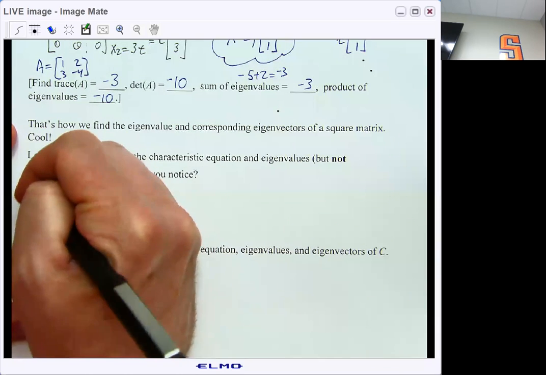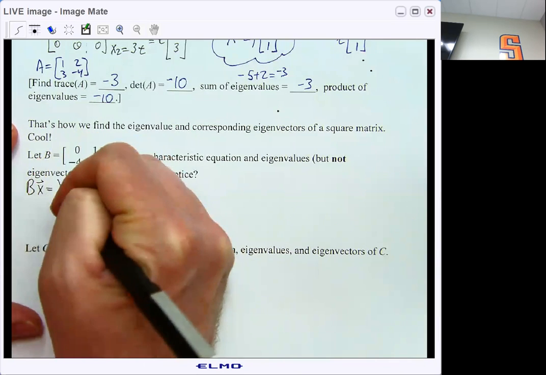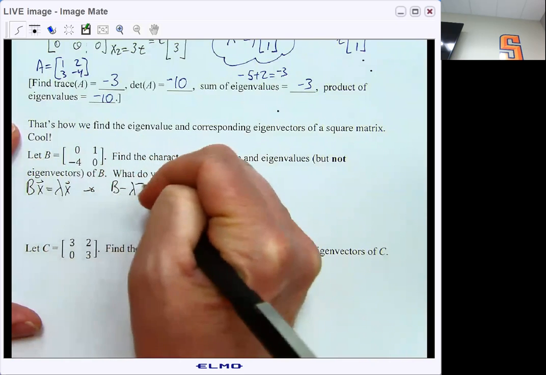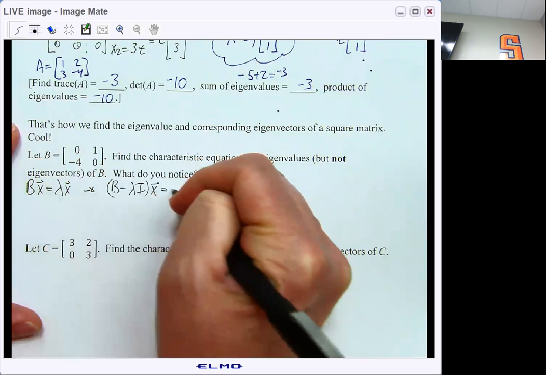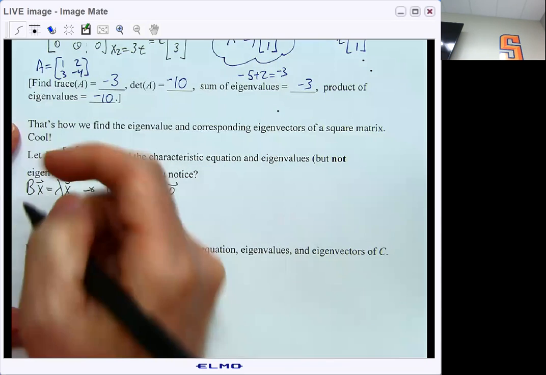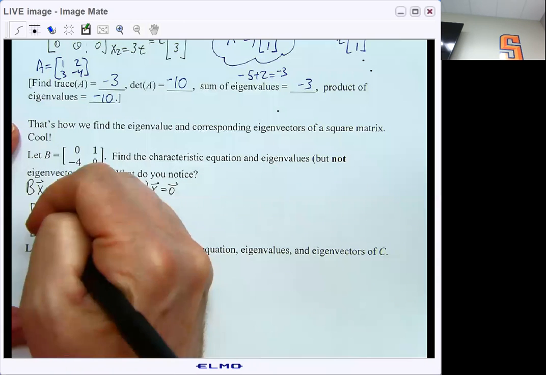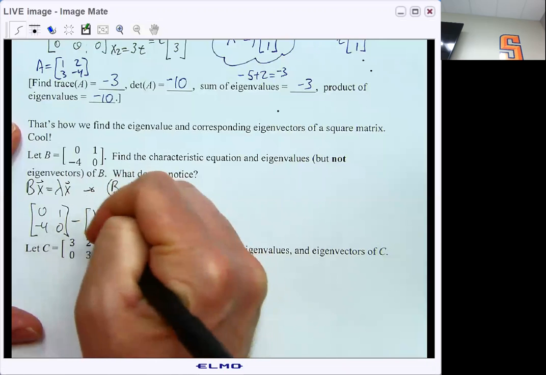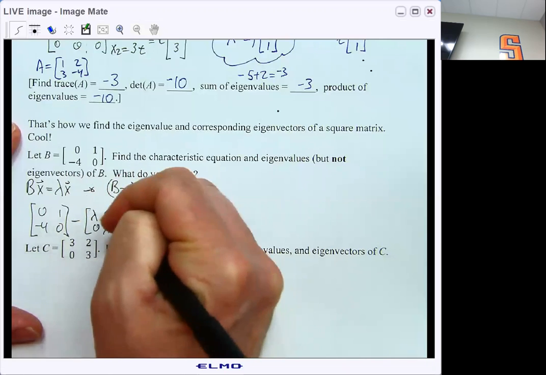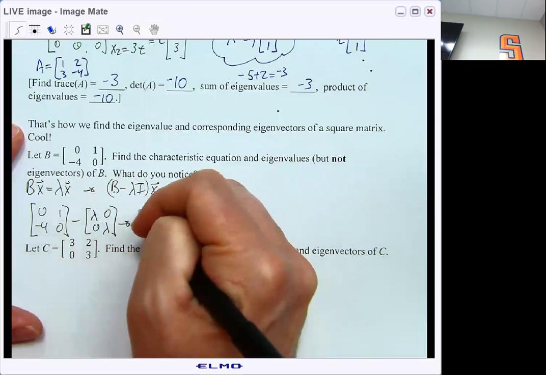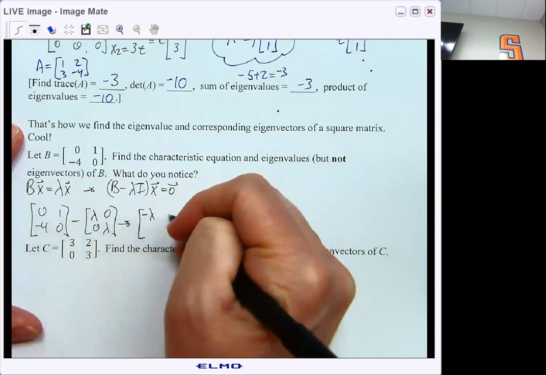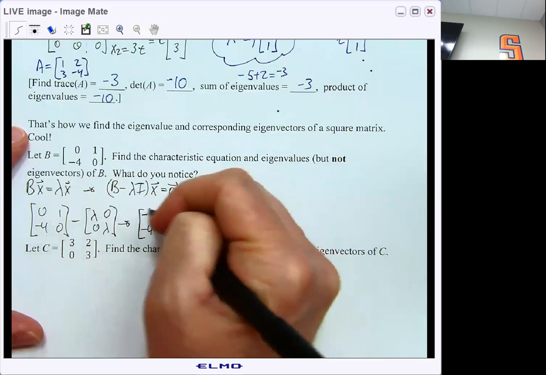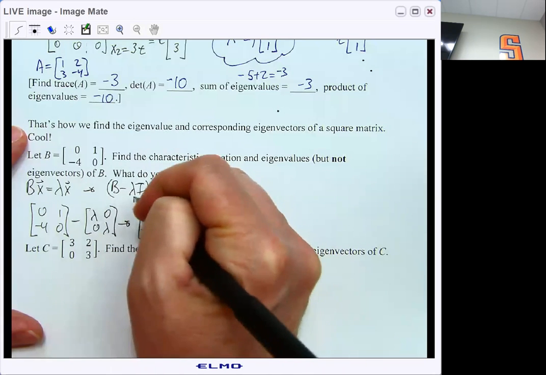So let's do Bx equals lambda x, or in other words, B minus lambda I times x equals the 0 vector, which will give me the system 0, 1, negative 4, 0, minus lambda, 0, 0, lambda. So that will give me negative lambda, 1, negative 4, and negative lambda. So that's who the B minus lambda I guy is.